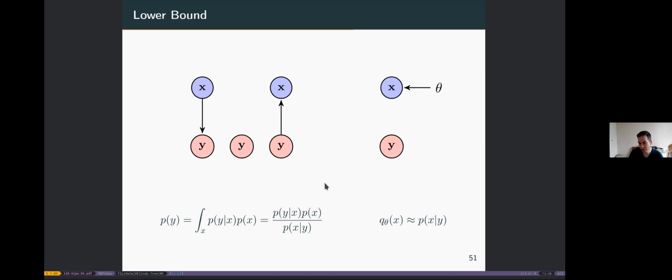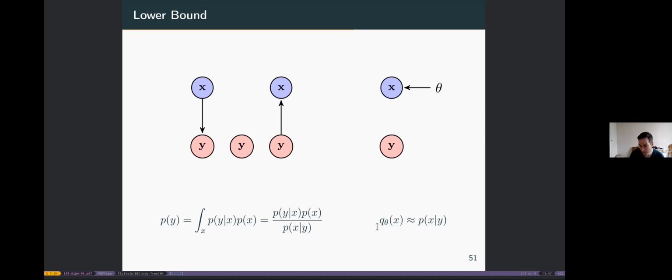What we're going to do is formulate an approximation to the posterior. We're going to say that there is an approximate distribution Q, which I specify, which has some parameters theta, which is the parameter we're going to try and learn.